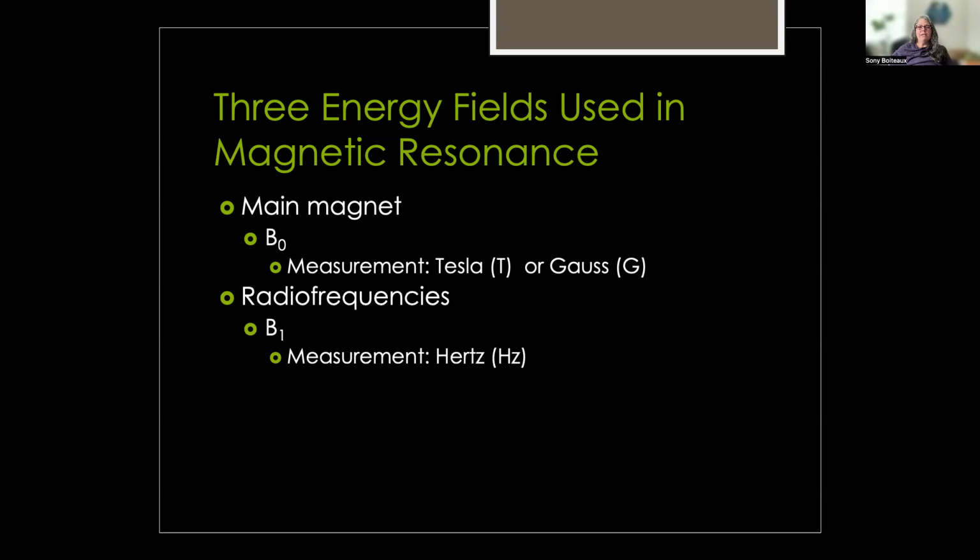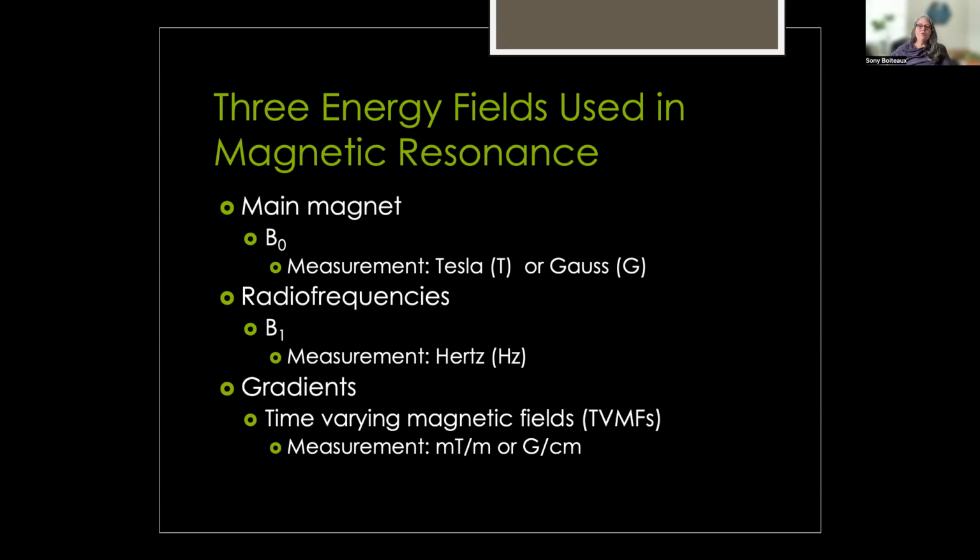It's going to be generated by the hardware of our equipment. And we measure that in hertz, or the number of cycles, the number of waves that pass by a given point per second. And we might identify this as our B sub 1 field. So we need our main magnet and we need our radio frequencies. Our radio frequencies are what are going to bring the resonance into magnetic resonance imaging.